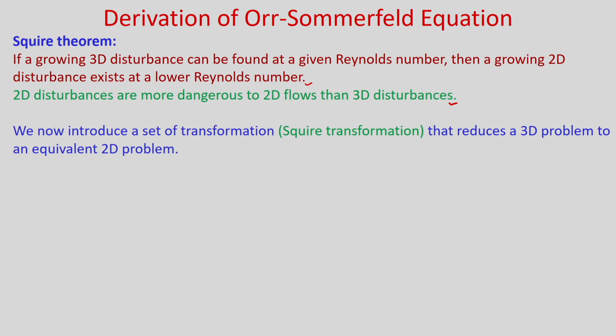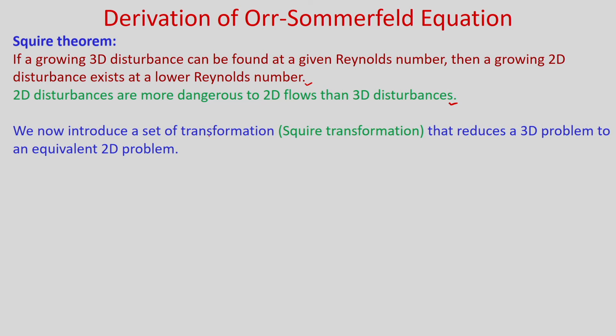Now Squire used some transformation and simplified the equations which we just derived. We now introduce a set of transformations, known as the Squire transformation, that reduces a 3D problem to an equivalent 2D problem.